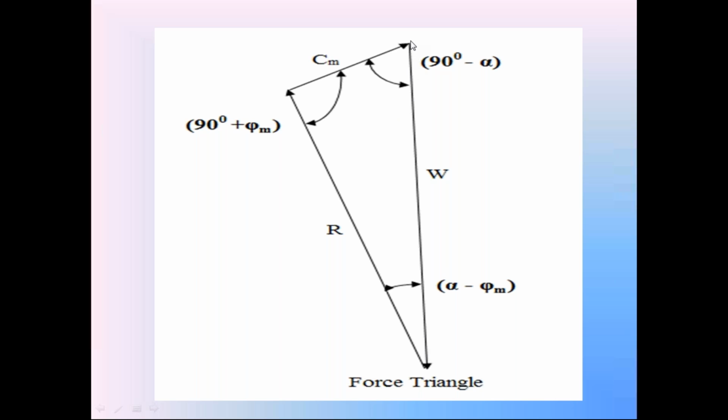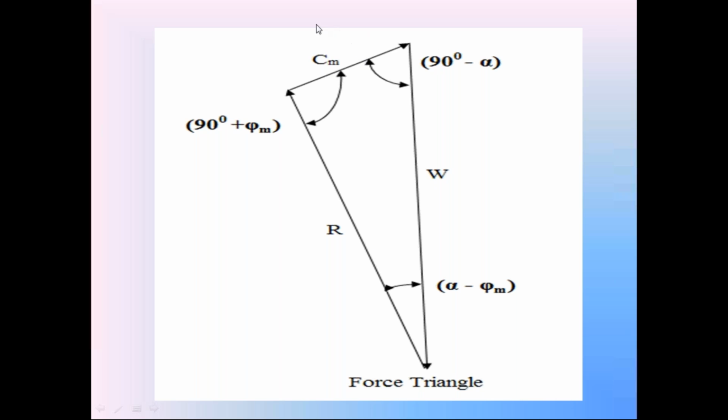From the starting point of this weight W, draw a straight line parallel to the direction of Cm. Here we don't know the magnitude of Cm, but we know the direction. So draw a straight line parallel to the direction of Cm. Similarly, from the ending point, draw another straight line parallel to the direction of reaction R. This is the reaction force, only the direction known, not the magnitude.